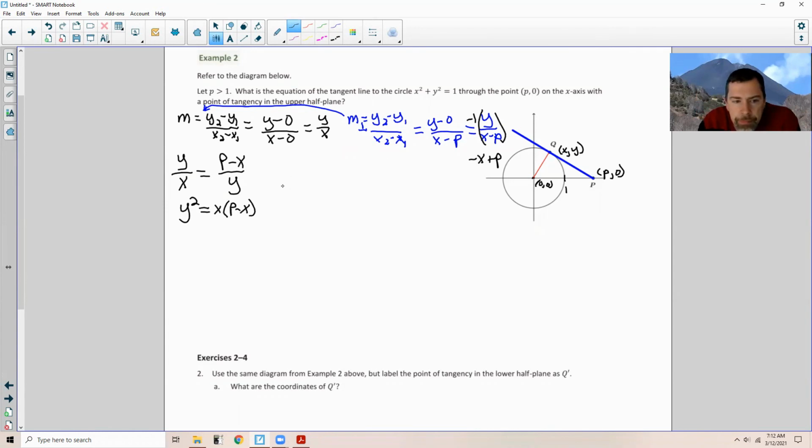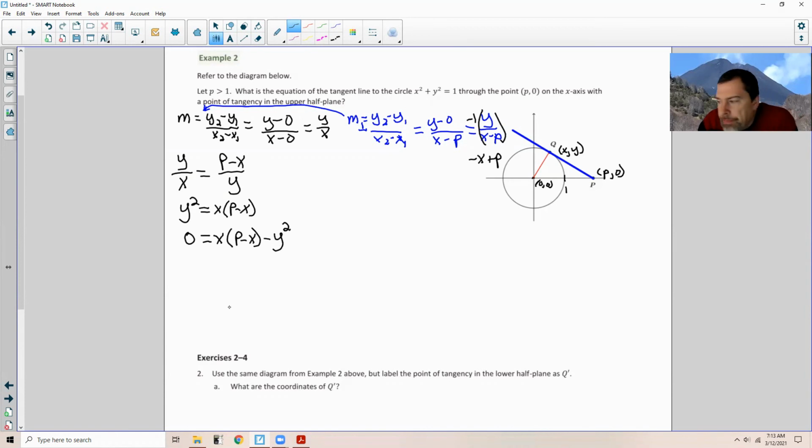Then I subtract y squared from both sides, leaving 0 on one side and x times p minus x minus y squared on the other.